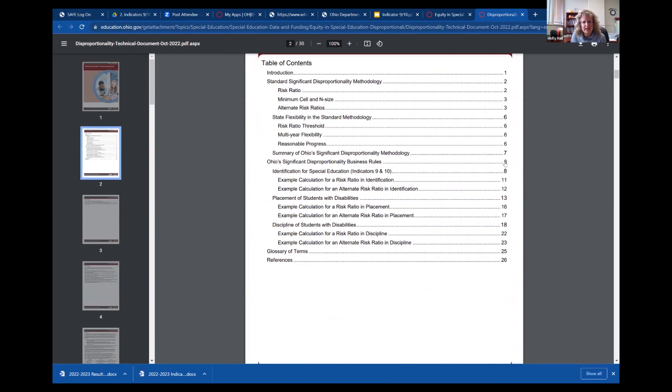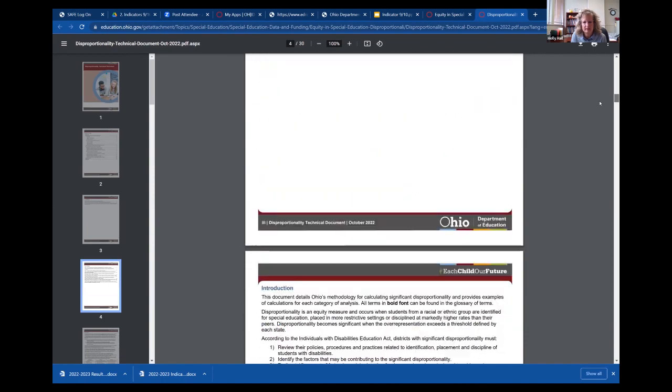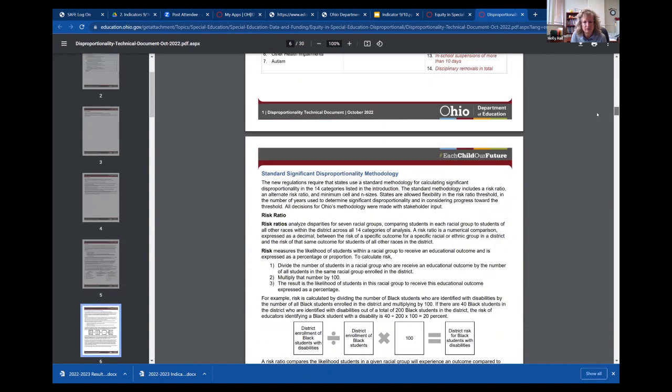And on page 8 of this resource you can find additional information in terms of where they're counting.